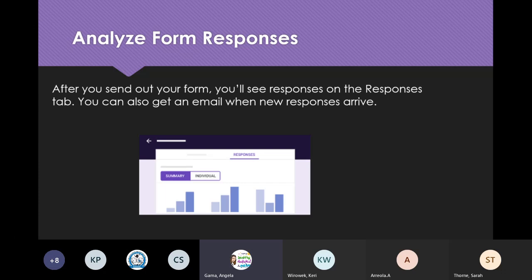You can see the responses directly in Forms, and you will have a nice summary of all the different responses, and you can go into the individual responses by clicking on that individual button and go through the different responses there. So it's pretty summarized, pretty straightforward when you're looking at it in Google Forms.